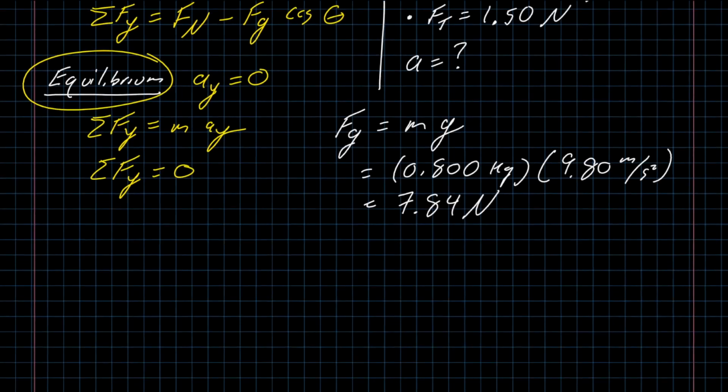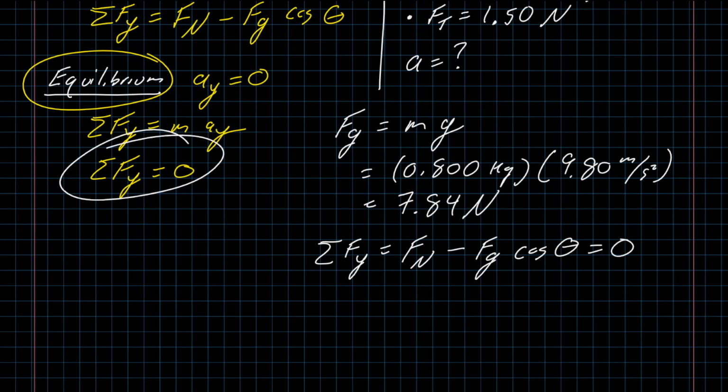Right. With that, my net force in the y direction is the normal force minus Fg cosine of theta. And I know that that has to be equal to 0. We said that over here. So rearranging that equation, the normal force is equal to Fg times cosine of theta.